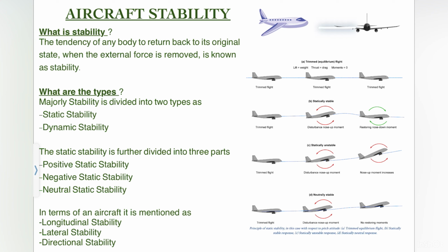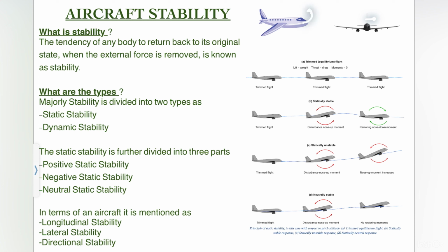If we speak about lateral stability, that means because of the gust of wind from the sides, the aircraft rolls in one direction, and when the gust is removed, the aircraft comes back to its original position. That is lateral stability. Nose pitch up and down is a longitudinal one, which we have already discussed, and directional is the rudder one.